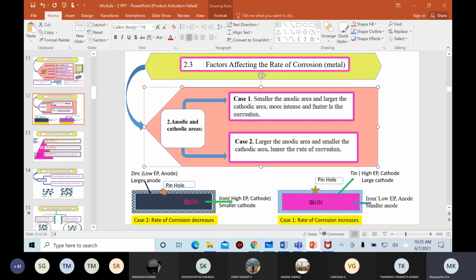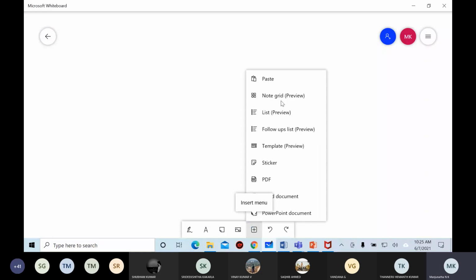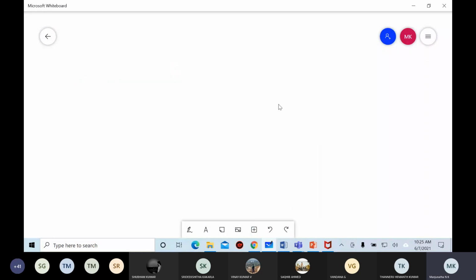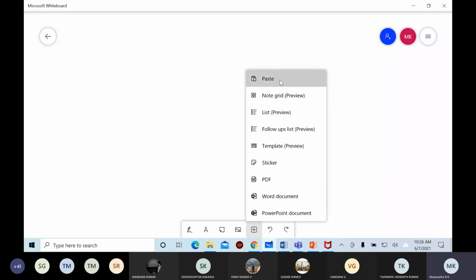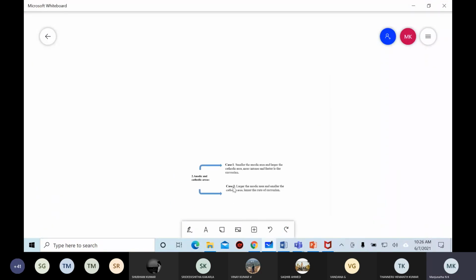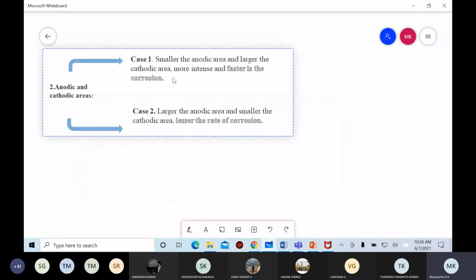After this nature of corrosion product, coming to the next one, the area of anode and cathode. According to electrochemical theory, we know that once any metal is exposed to the environment in the presence of a conducting medium, anodic area and cathodic area form on the surface of the metal.